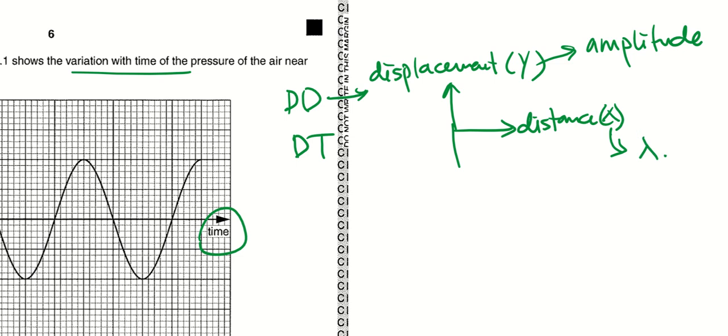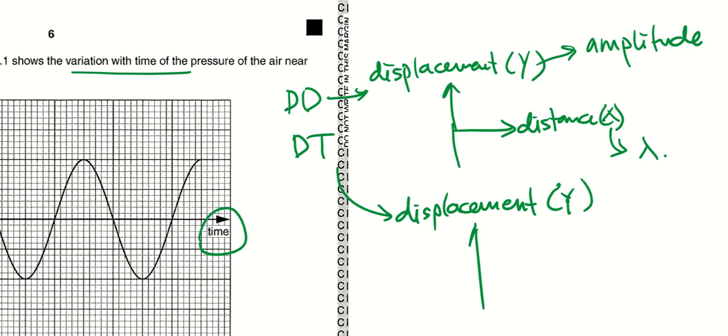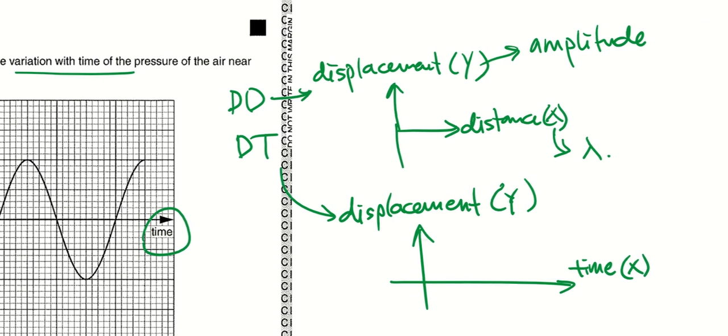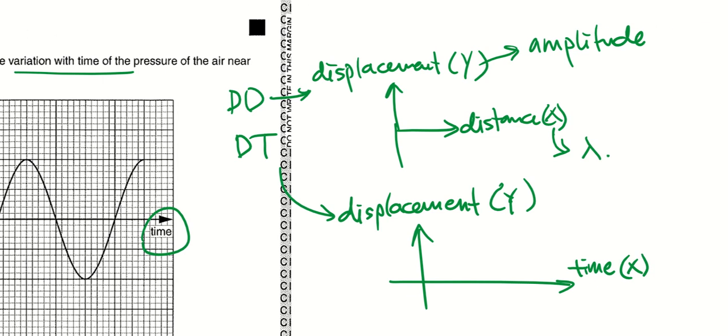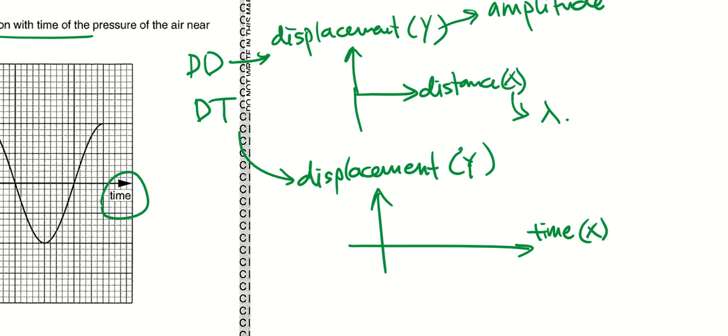So this is important. You need to identify whether it is a DD or DT graph. For DT, it is the same thing, displacement on the y-axis. Your x-axis is now time. Okay, so displacement on the y-axis, you can get amplitude. Time on the x-axis, we can get period.